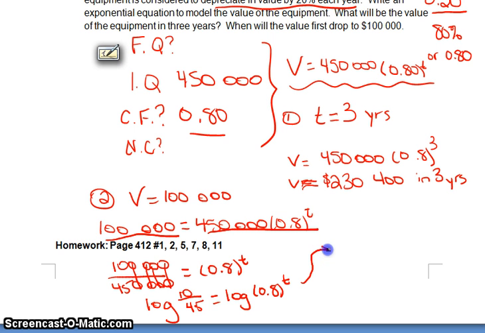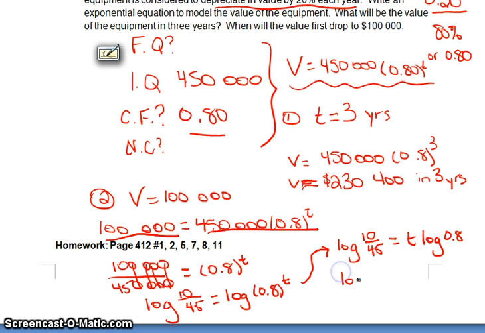And then just like last time, we're going to move this t by using our power rule. So we have the log of 10 divided by 45 is equal to t log of 0.8. And then once again, we're going to divide each side by log of 0.8.